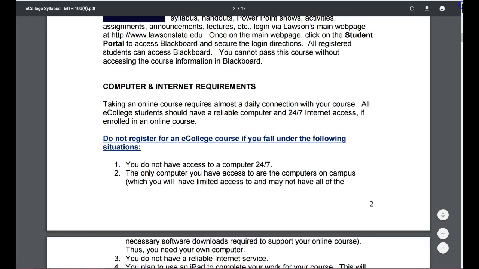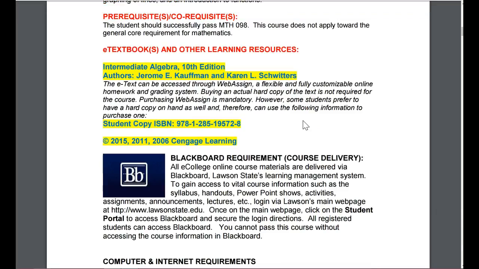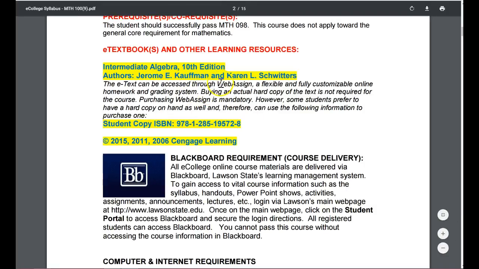Book. Getting a hard copy of the book is optional. You decide whether you want the hard copy. However, you do need to purchase WebAssign, which is a flexible and fully customizable online homework and grading system.